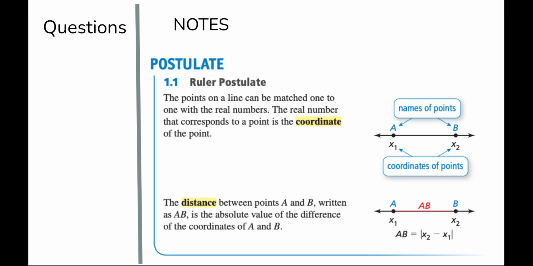That's what you do when you use a ruler anyways. So here, when you look at the distance between the 2 points, you could actually subtract them, but you're taking the absolute value. Remember, distance is not negative because it's a measurement, and we're going to measure it positively.